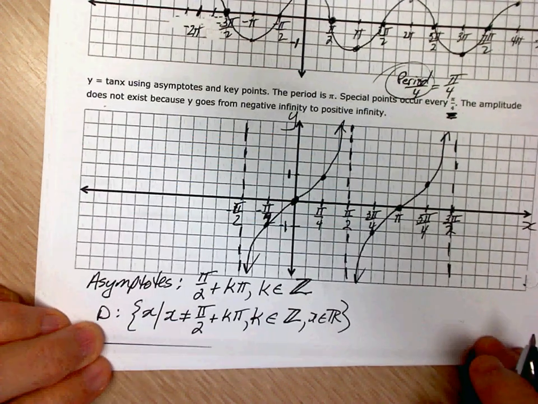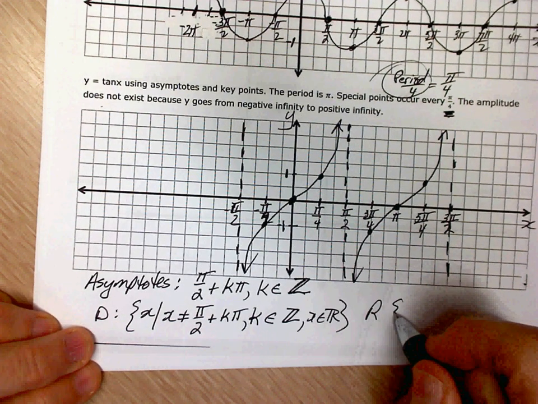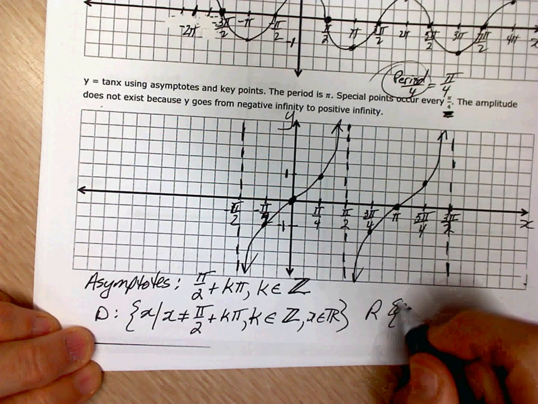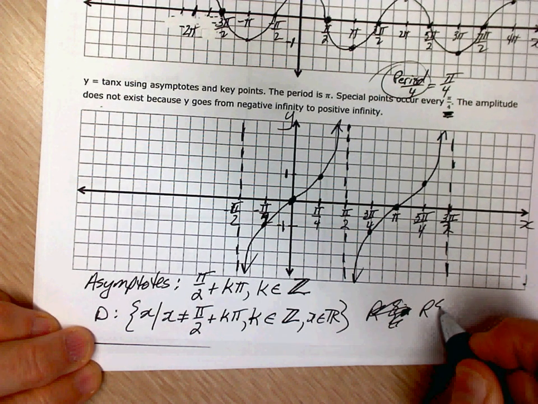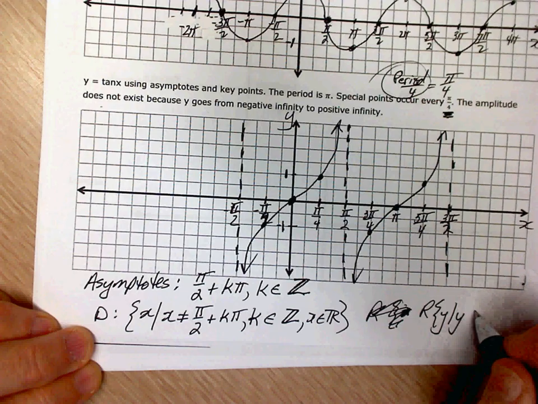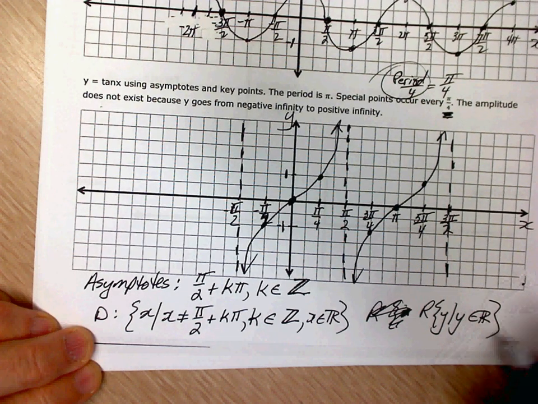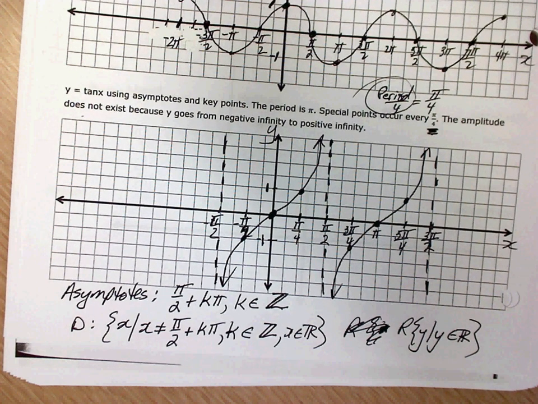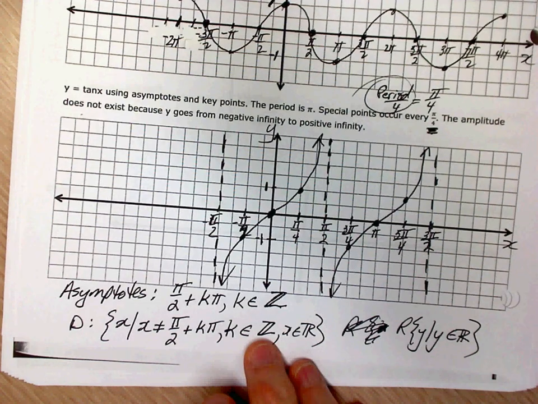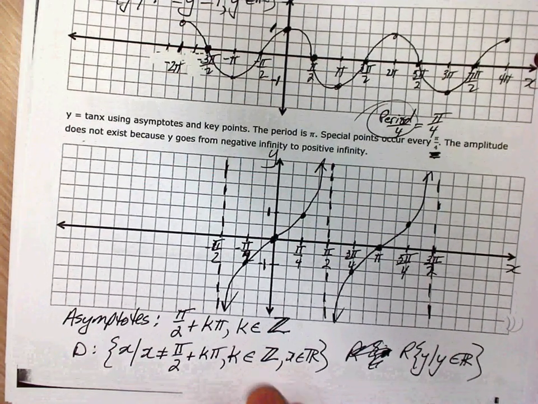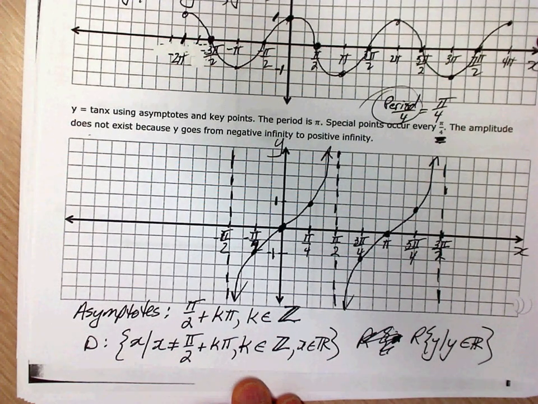And our range is easy. Range is y such that y is an element of real numbers. So that's a review of what we did yesterday. I can't overemphasize, you need to know this well so you get the graphing, the transformation portion of this unit.